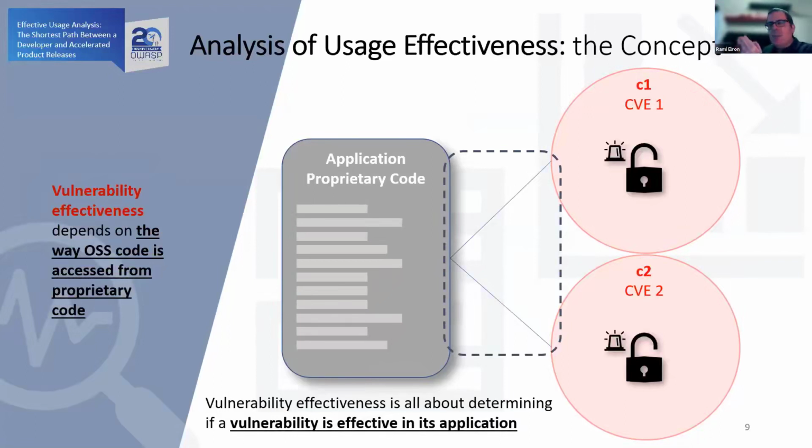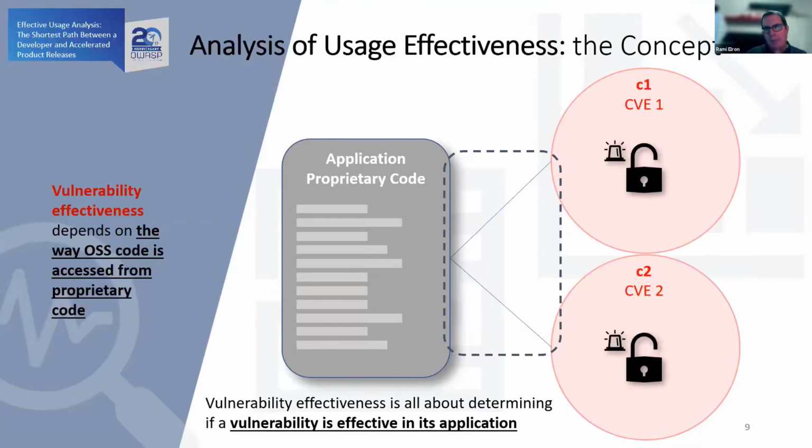It's about, based on the way you are accessing it, does it pose any risk? And that's why I placed a rectangle over the connection. But if you look only at this slide, you would say, well, if I know what the dependencies are, I would be able to construe whether or not the vulnerability being reported is, in my vernacular, effective, right?